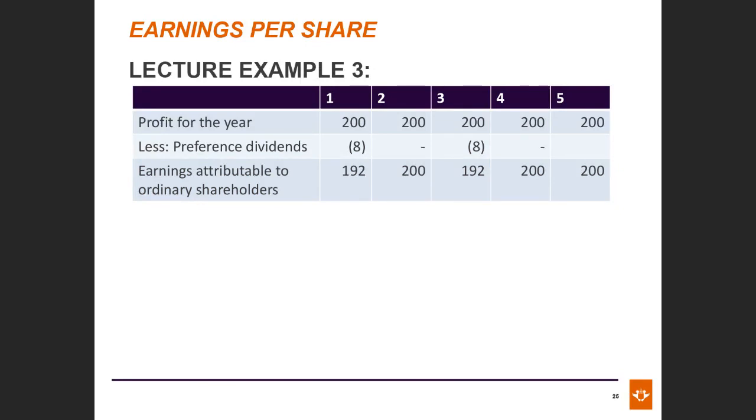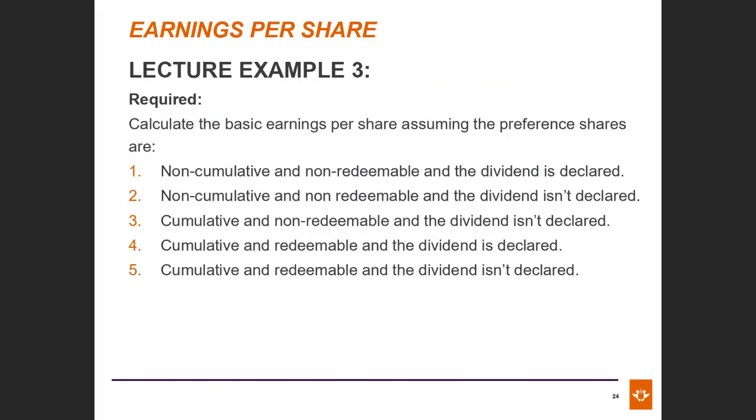Okay, so then if we have a look at the next example, scenario 5, where the preference shares are cumulative and definitely redeemable and the dividend isn't declared, would we deduct the preference dividend when calculating our basic earnings?